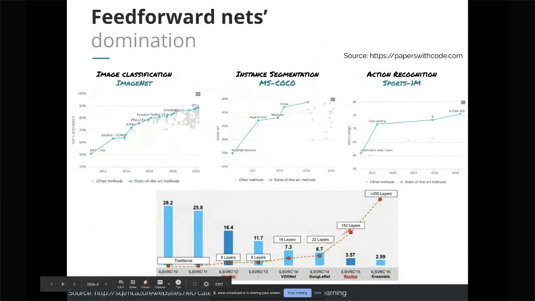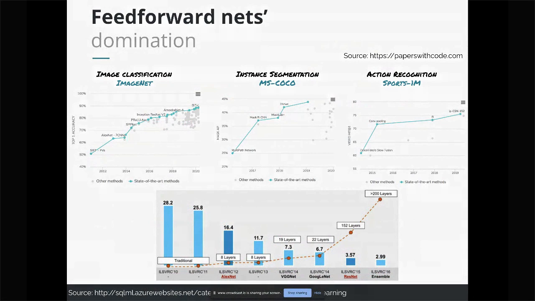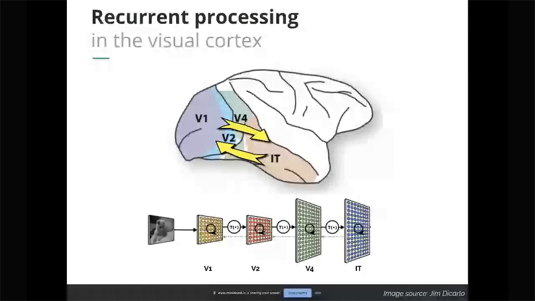At the same time, this red curve shows you that the number of layers in the feed-forward neural network that won the challenge that year has been increasing, I would say, almost exponentially. So much of the power of modern deep neural networks is achieved through static and what I would call brute force depth.